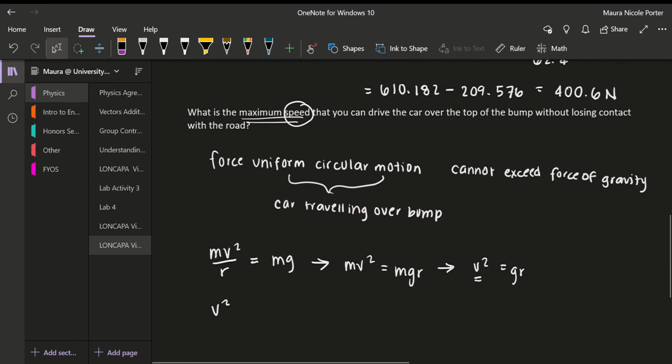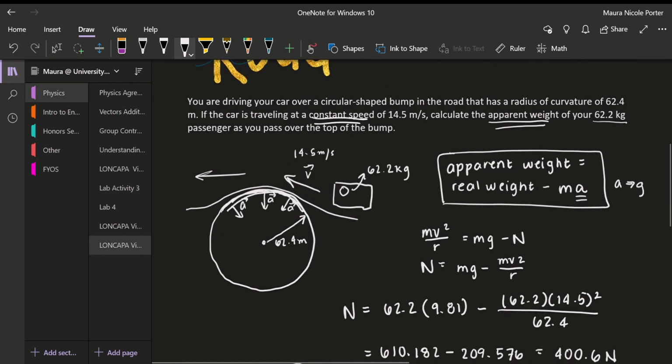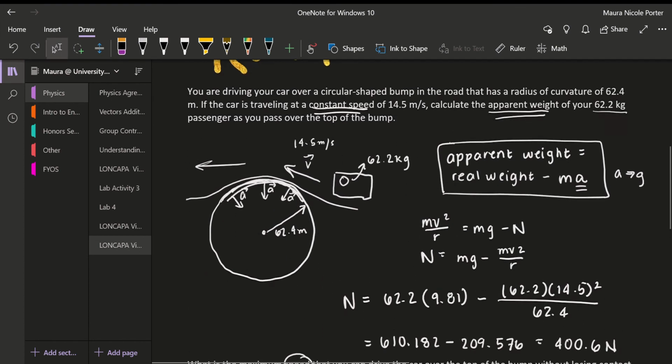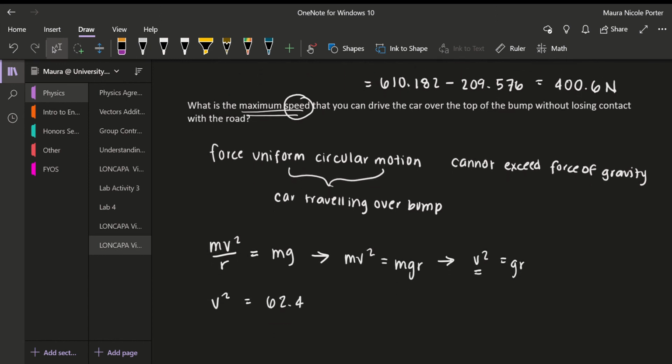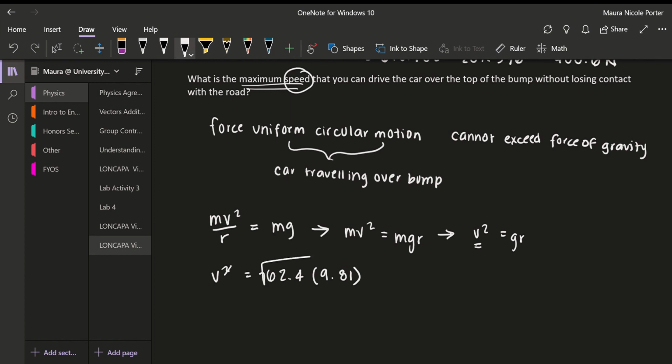So v squared is equal to 62.4, which was our radius, so 62.4 times 9.81, and then obviously we're going to do the square root of both sides, and our final answer comes out to be 24.7 meters per second.